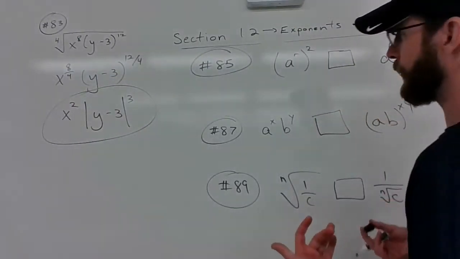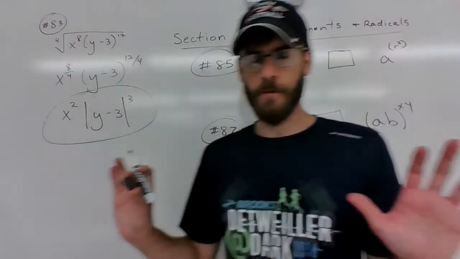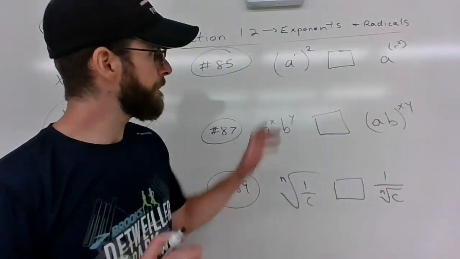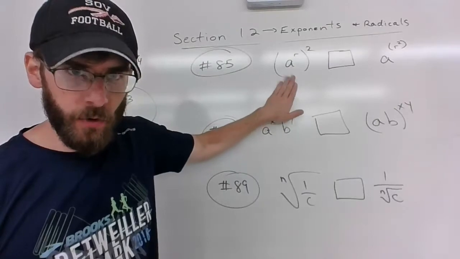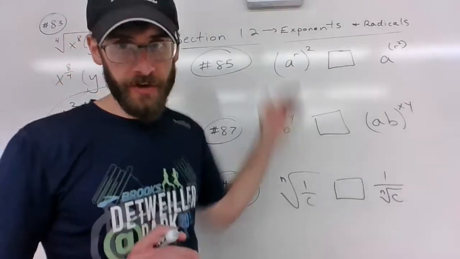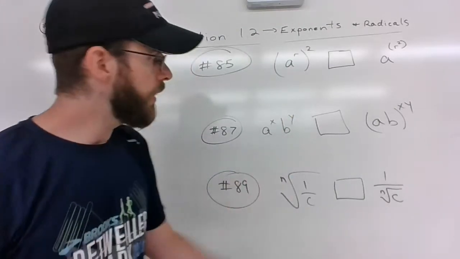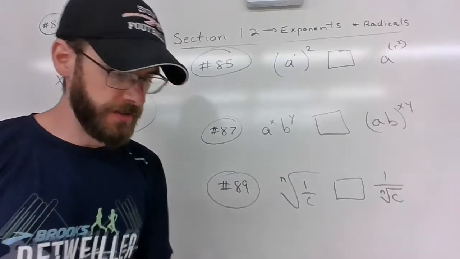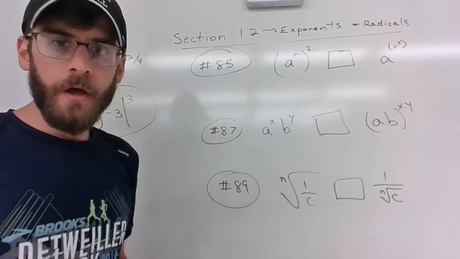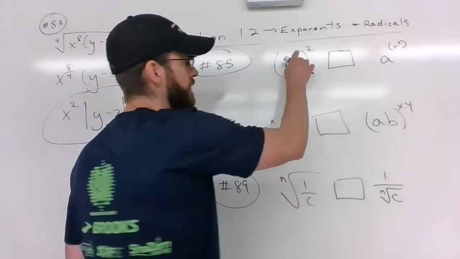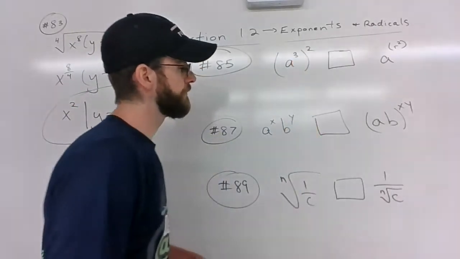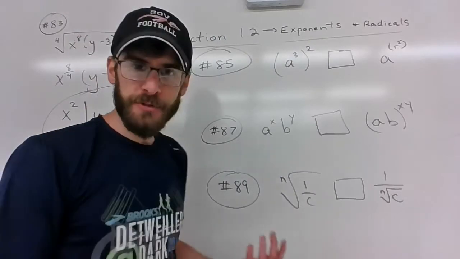Okay, so for the first one, let's just think about this. What does it mean to be a base with an exponent, the whole thing's a power, taken to another exponent? What would we do if that r were just some random number? Like, what if it's a to the 3? Didn't we just multiply them together?